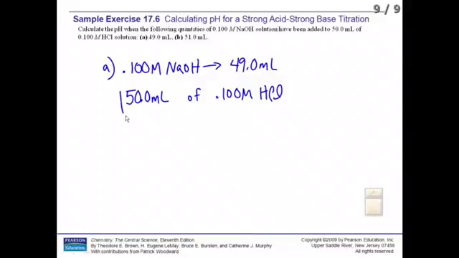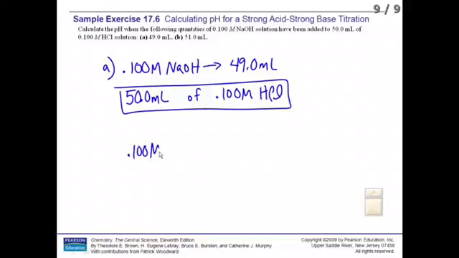So the first thing I'm going to do is work with this guy to figure out the number of moles present of the acid. It's pretty simple. You're just going to take the 0.100 molar and multiply this by 0.050 liters. That's what 50 milliliters is. And you should get 5.00 times 10 to the negative 3 moles of acid.